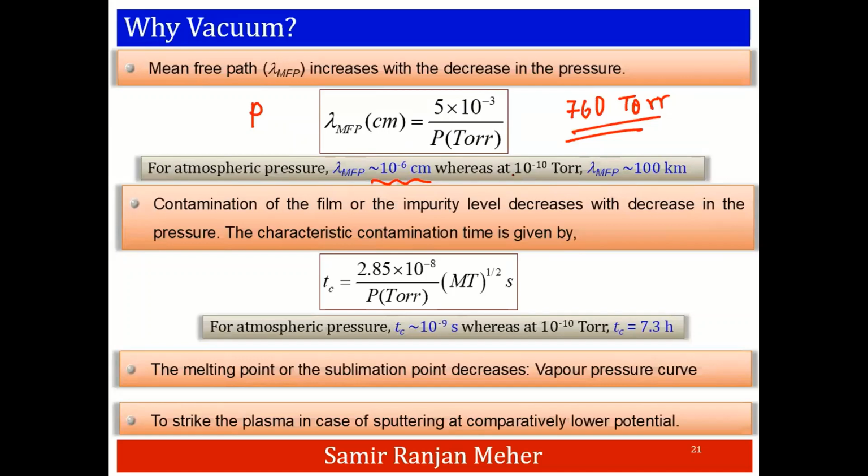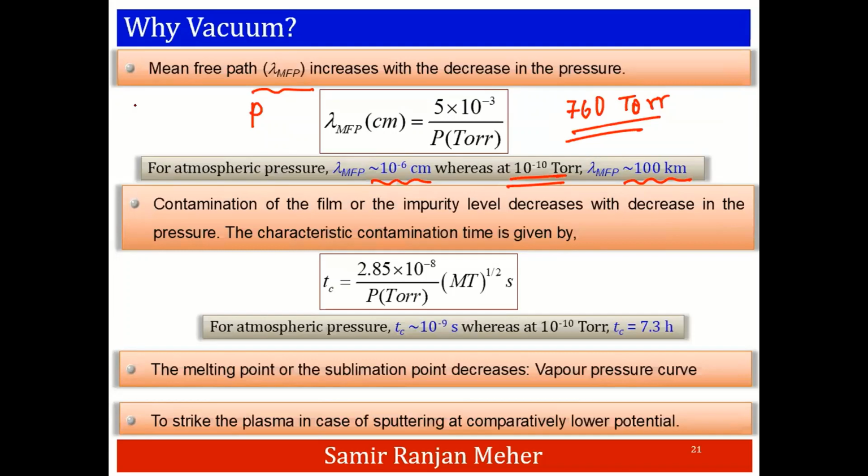Whereas when you go for very high vacuum, that is 10 to the power minus 10 torr, this mean free path is very, very large, of the order of 100 kilometers. When the mean free path is very high, the collision with other atoms is very low, because mean free path is defined as the distance traveled by the molecules or atoms between two successive collisions.